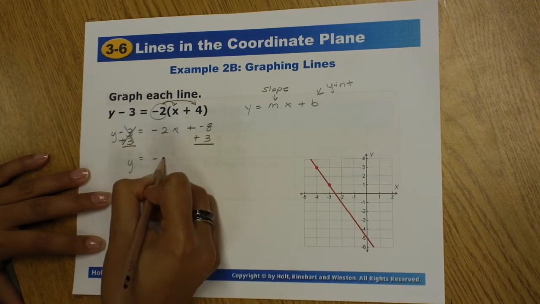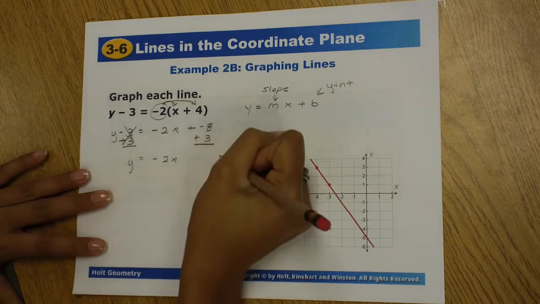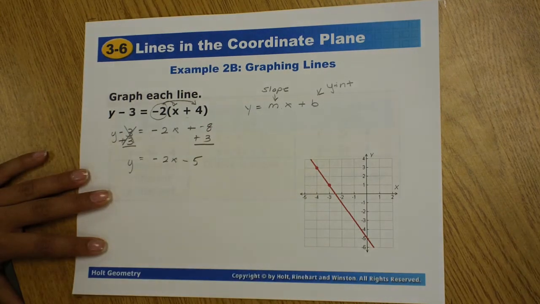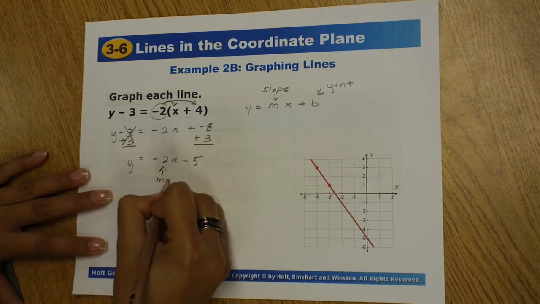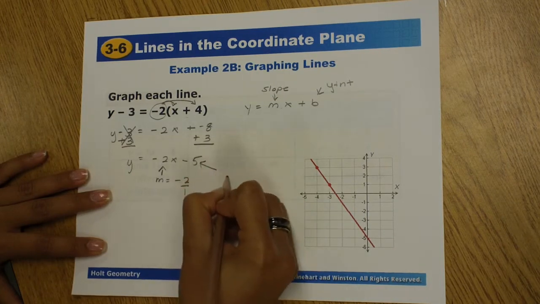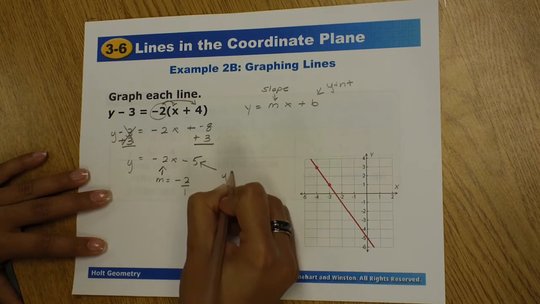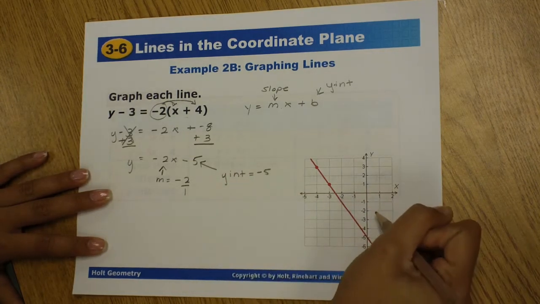Y equals negative 2x negative 5. Our slope is a negative 2 over 1. And back here, my y-intercept is a negative 5.